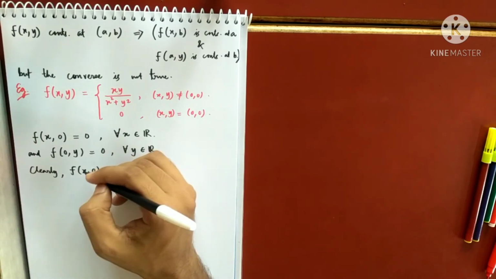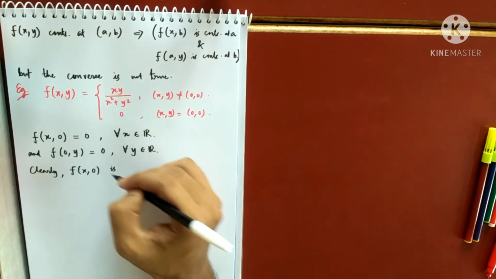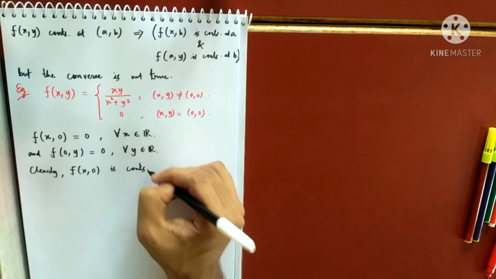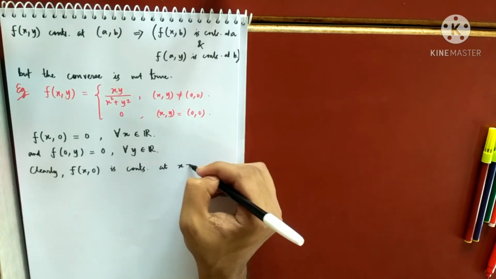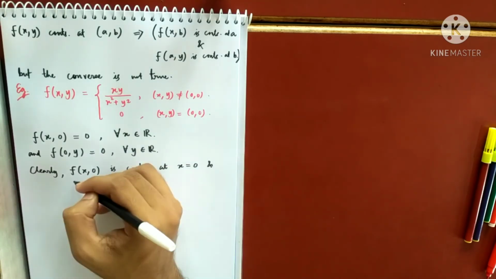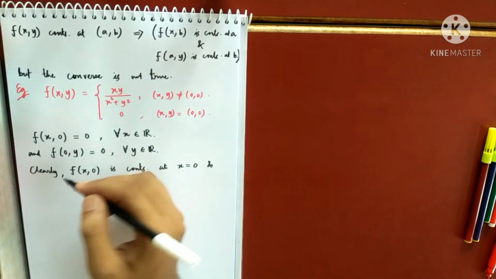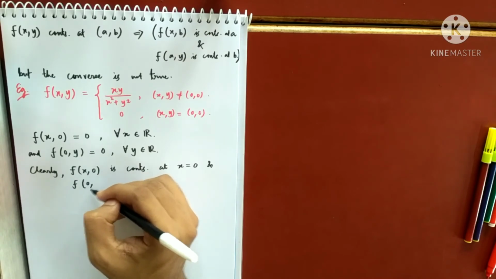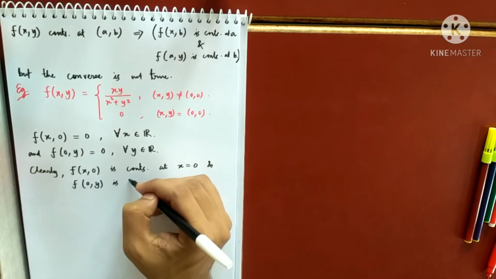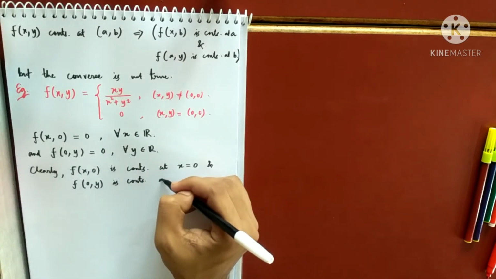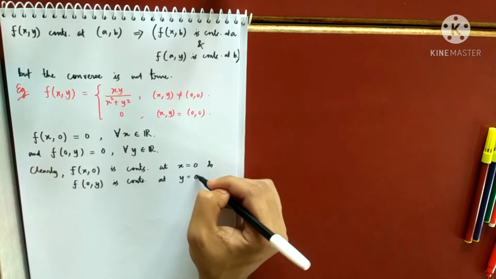Okay, so this is continuous at x equals to 0, because the limit at x equals to 0 of the function is 0, same as the functional value, and f of 0 comma y is again continuous at y equals to 0.